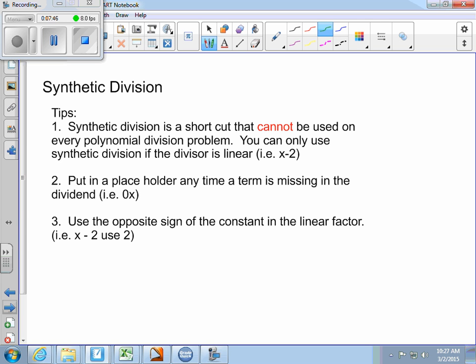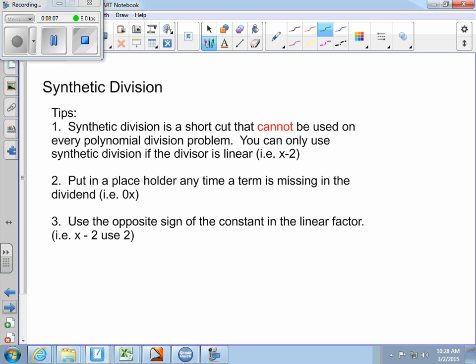Okay, number 2. Anytime there is a term missing, in standard form we start with the highest degree, 4, 3, 2, 1, none, right? Anytime there's an x missing, you have to put a 0 for a placeholder there.